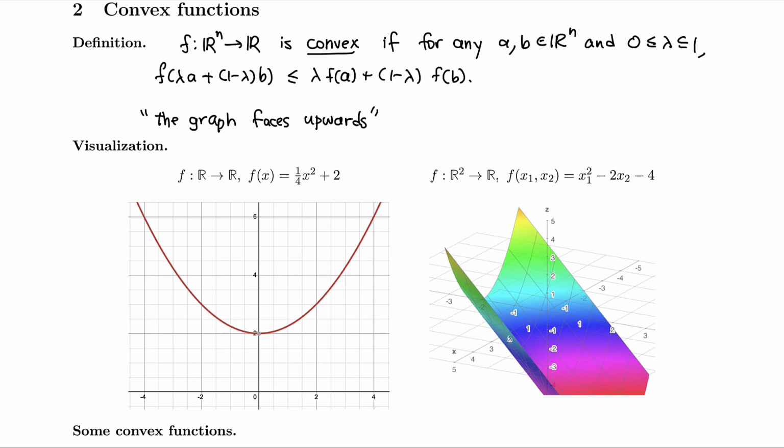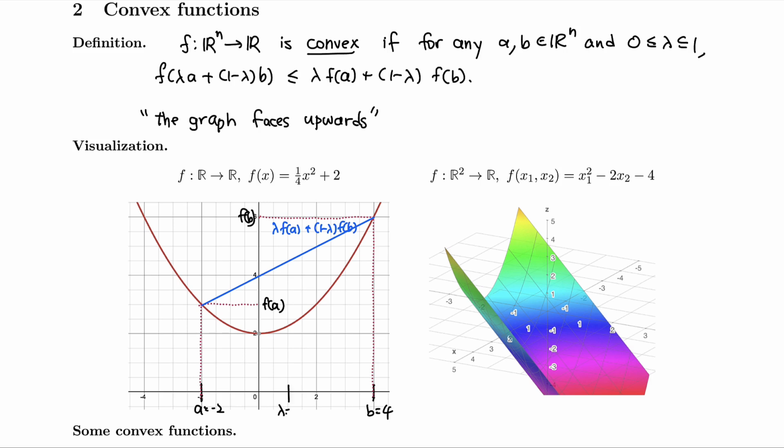Here are some examples. Suppose we have f of x equal to 1/4 x squared plus 2. We take a to be minus 2 and b to be 4, and here are f of a and f of b. The line segment between them represents a convex combination of f of a and f of b, which is the right-hand side of the inequality.